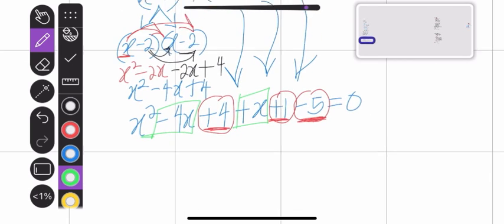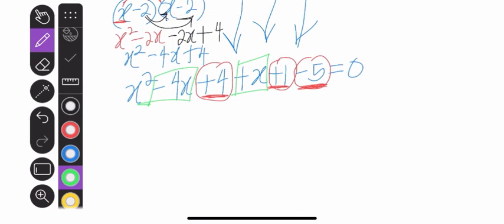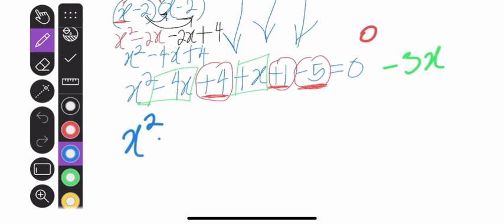It's just like minus 4 plus 1 to give us minus 3. So for the red like terms it will give us 0, and for the green like terms we'll have minus 3x. So we'll input it into the expression as x squared minus 3x equal 0.